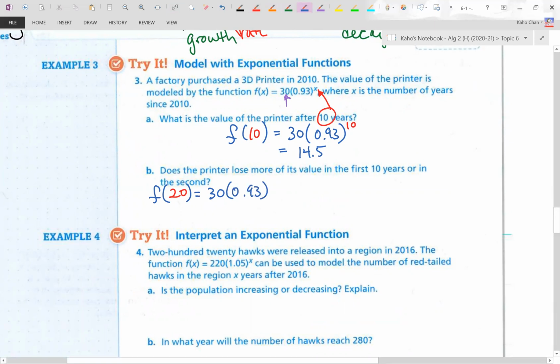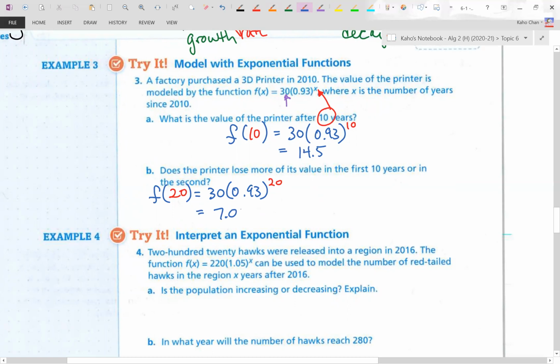And by the way, 0.93 literally means after 1 year, its value drops to 93% of itself. Then the second year will be 93% of its previous year, 93% of 93%. It's a percentage of a percentage. That's how the equation's working. So when we punch in 20 years on our graphing calculator or regular scientific calculator, we'll get 7.0. Wow. That's kind of a thing.